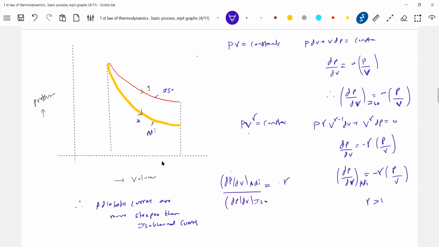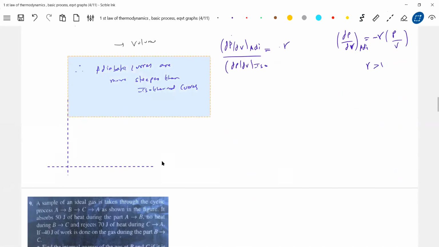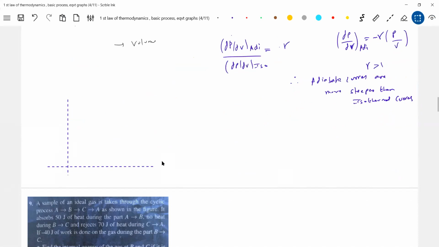Okay, this is about comparing isothermal and adiabatic. Now for the same adiabatic process, let me compare different types of gases: monatomic, diatomic gases. Then what conclusion can we make?